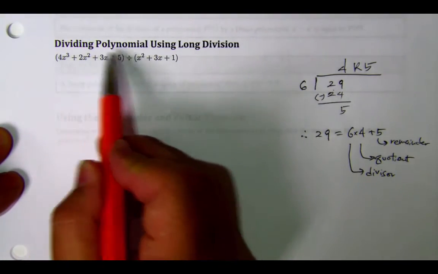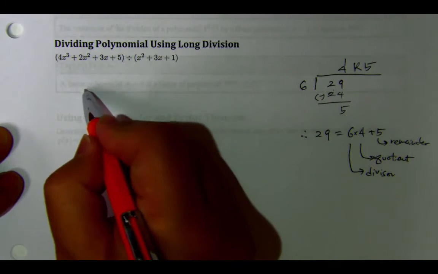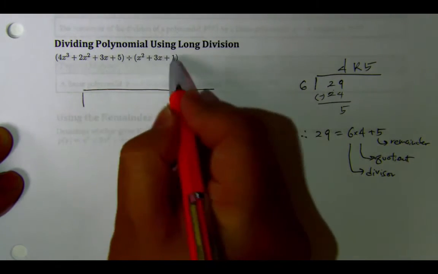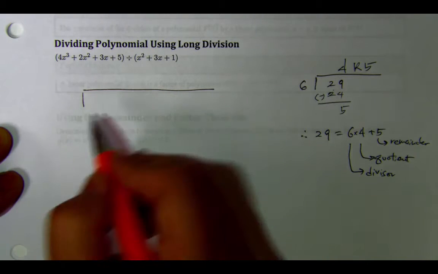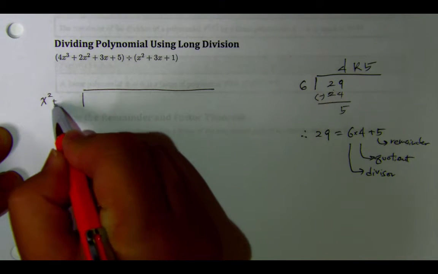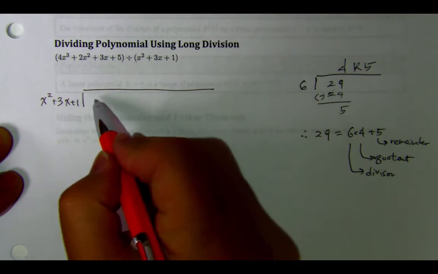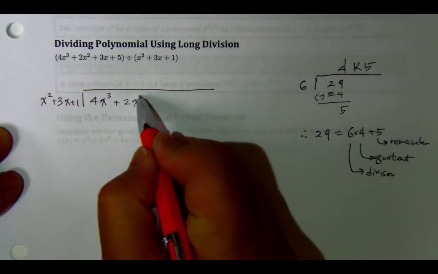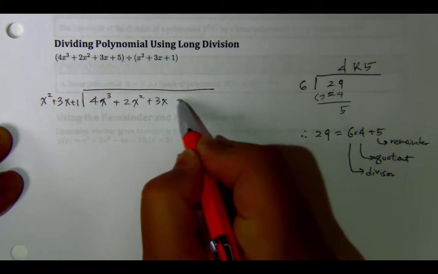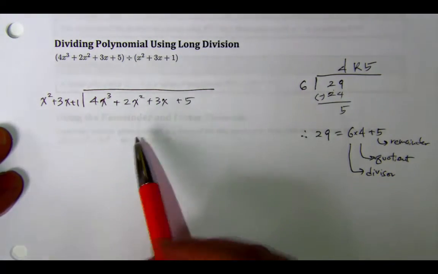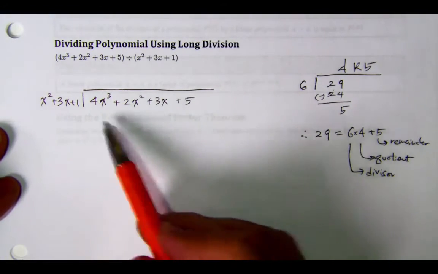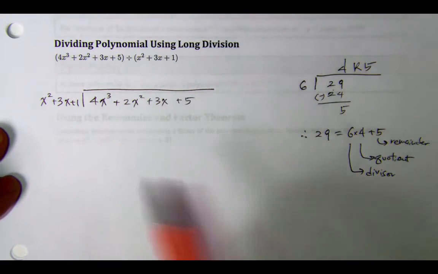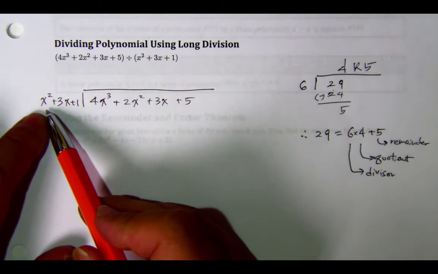All right, guys, let's try a problem here. So this is the number that's being divided. This is the factor right here. That's the divisor, x squared plus 3x plus 1, and that's 4x cubed plus 2x squared plus 3x plus 5. Once again, this has to be in descending form, or simply general form. You ask yourself this question, guys.